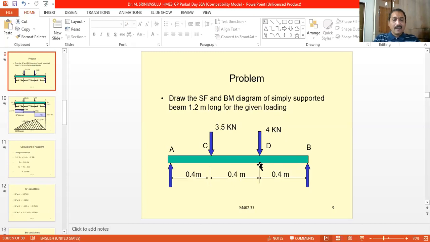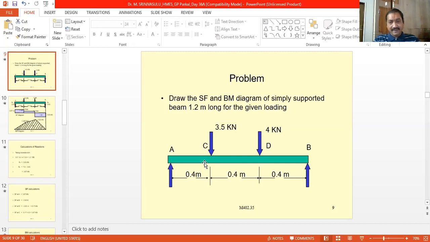The distance between the 2 point loads is also equal to 0.4 meters. Now this is the figure. After taking the figure, we have the SS beam ABCD, and here we have the 2 point loads.